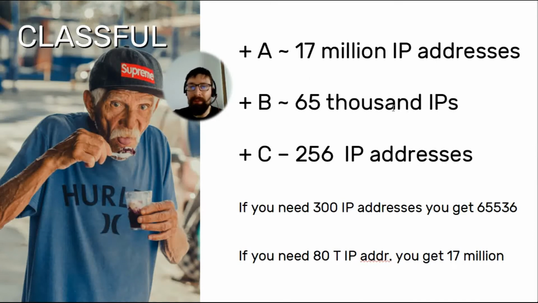You have to jump from 65,000 to 17 million, which is a huge jump, and nobody wants that. You want a more gradual increase to be more flexible and not to waste that huge number of IP addresses. That's the point of the classful idea being obsolete and not being used anymore. It's just old and not efficient.